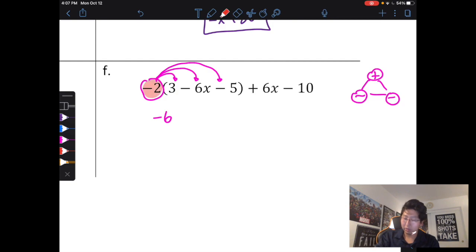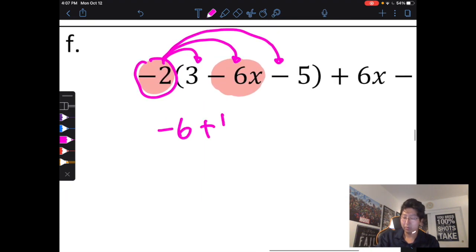Next, we have a negative 2 times a negative 6x. Negative times a negative is a positive. So I'm going to end up with plus 6 times 2 is 12x.